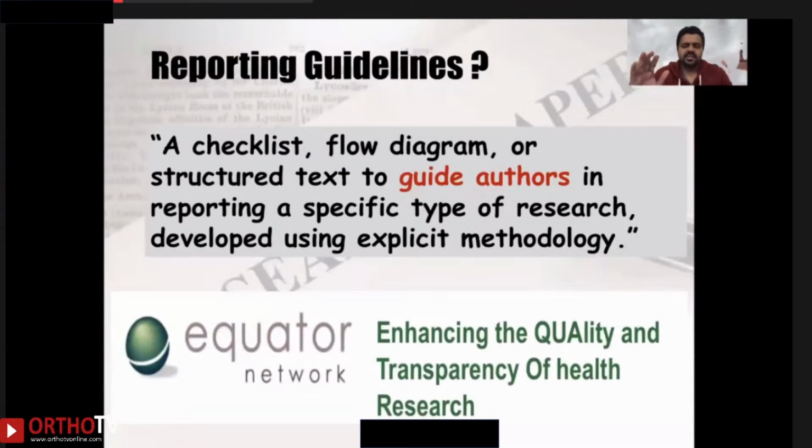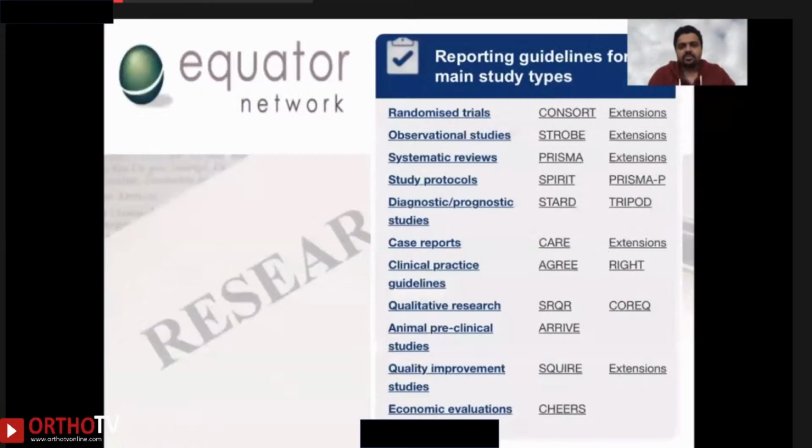Next, reporting guidelines. This is what I want all of you to understand. There's the EQUATOR network. The reporting guidelines ensure that all researchers present their data in a uniform way, so that people can understand and communicate easily. The EQUATOR network was exactly built for that, and they have reporting guidelines for randomized trials, observational studies, systematic reviews, animal trials, all those things.